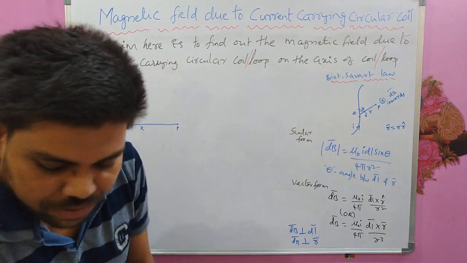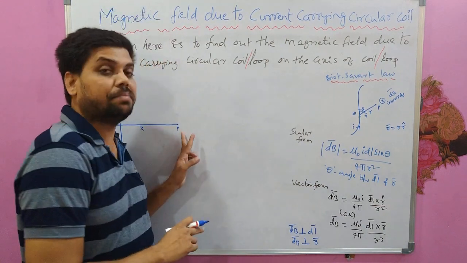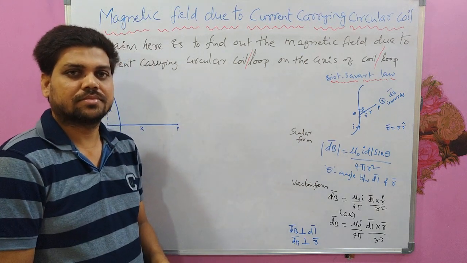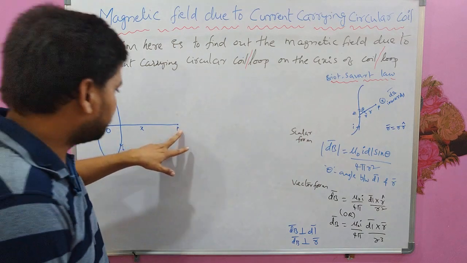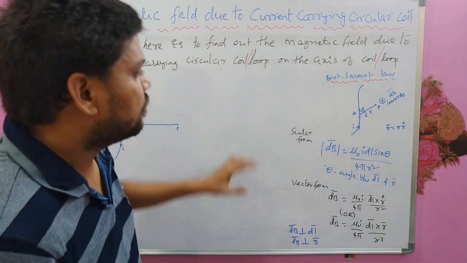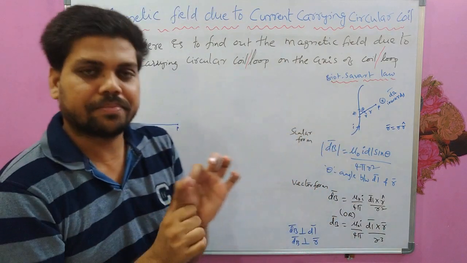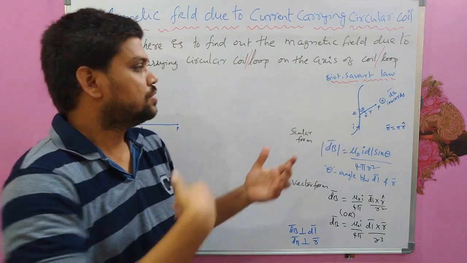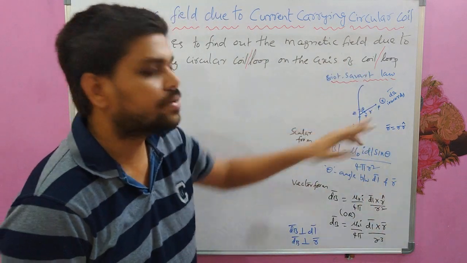Okay, now to find out the magnetic field at P, first let us find out the magnitude of the magnetic field at P, then concentrate on the direction. If you want the magnetic field at point P, according to Biot-Savart law, what do you want? You have to consider a small length element out of this circular coil, and from that small element you have to take the distance to that point P, that is small r.